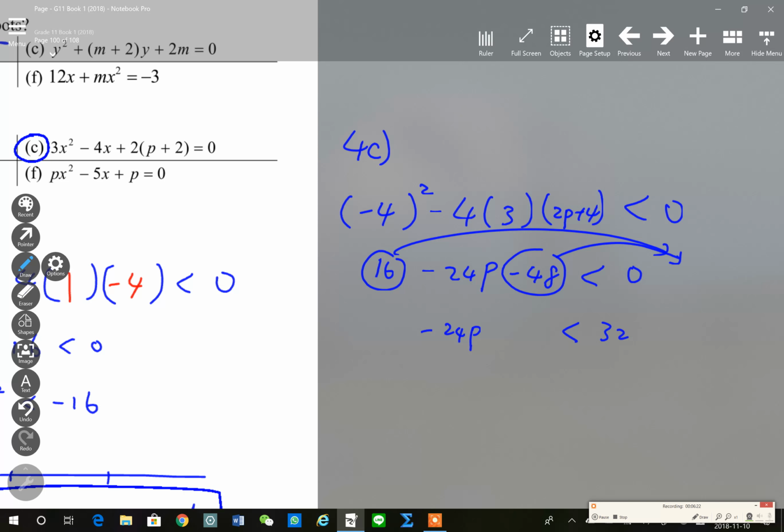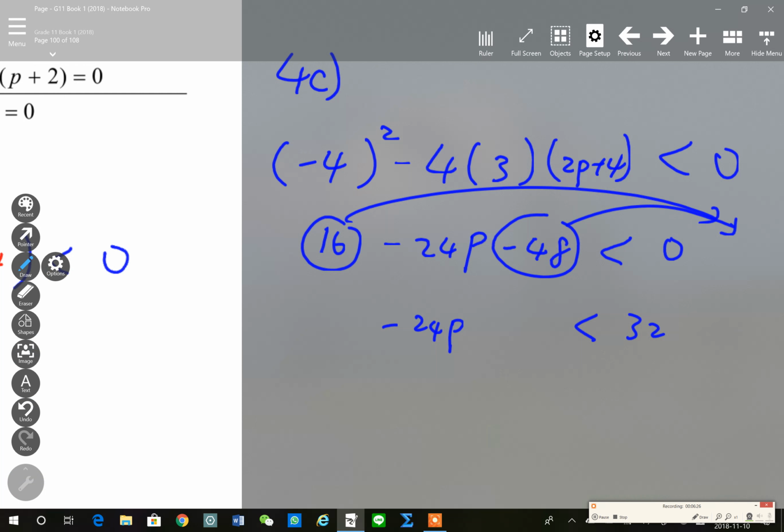You want to solve for P. How do you solve for P? You want to get rid of this, so you should divide by, no, you want to isolate, right? Isolate this one, so you should divide by negative 24. It's like solve for x, right?